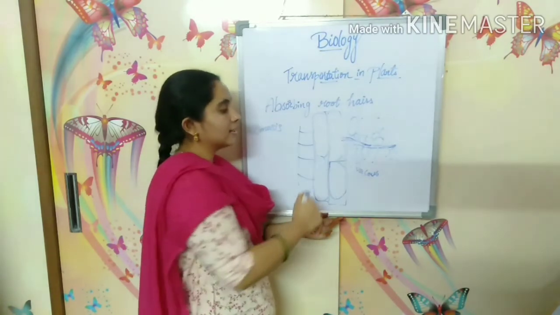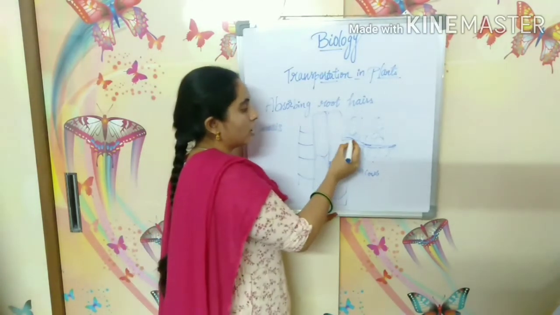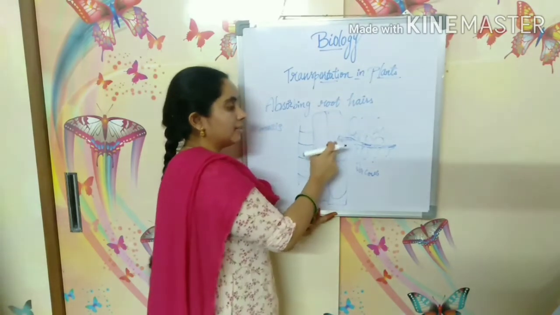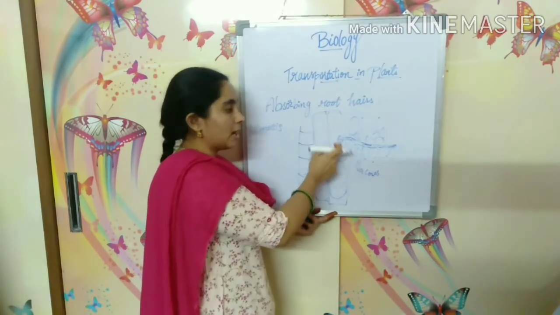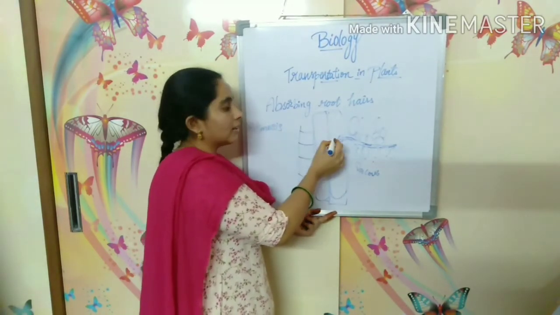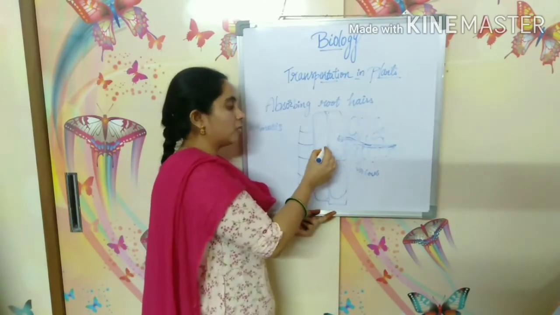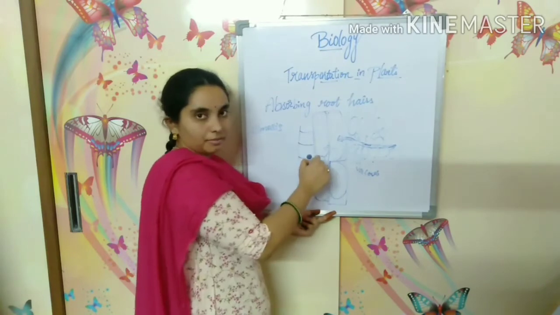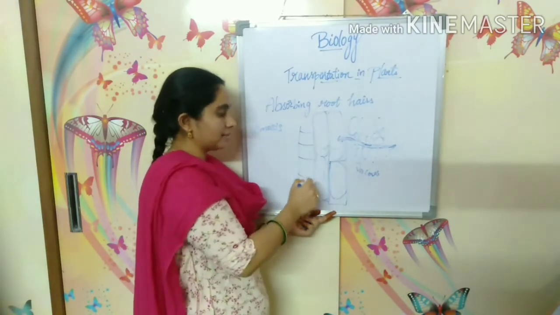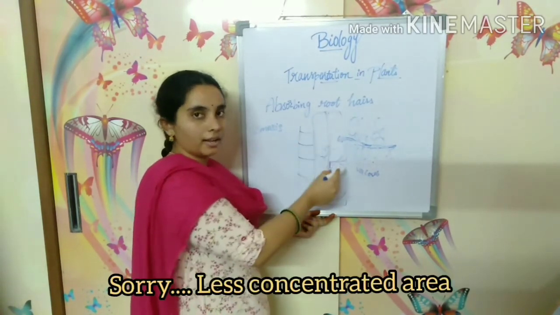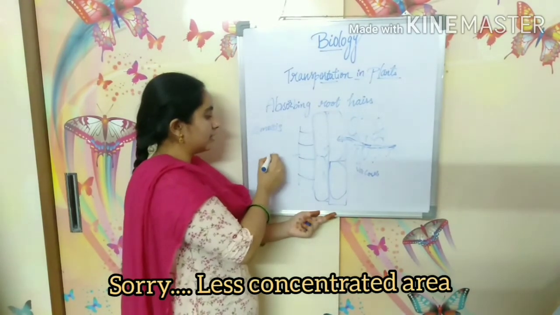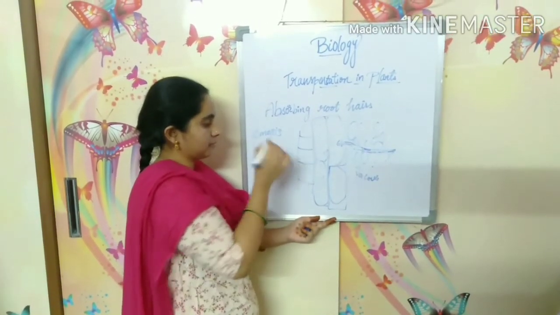So when water moves to this cell, this cell will have more water when compared to this cell. Again in the same way, water from this cell will move to the other cell. So this has now become a more concentrated area. Now this is the xylem.